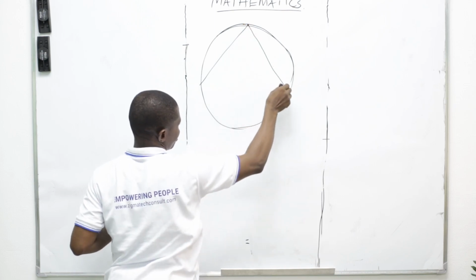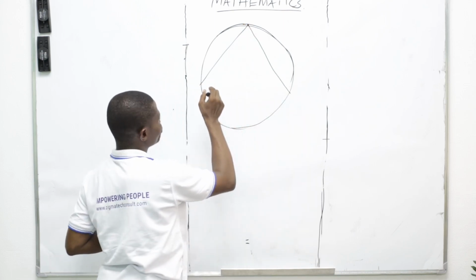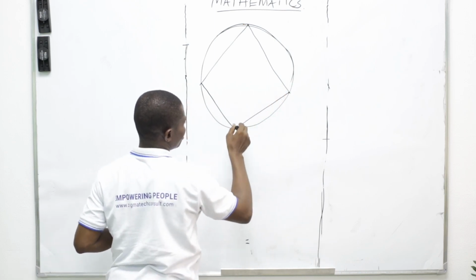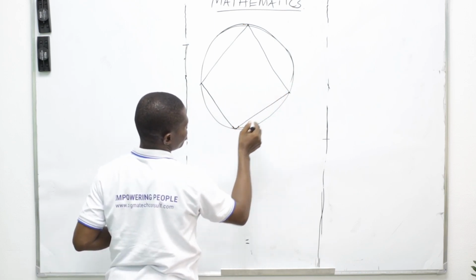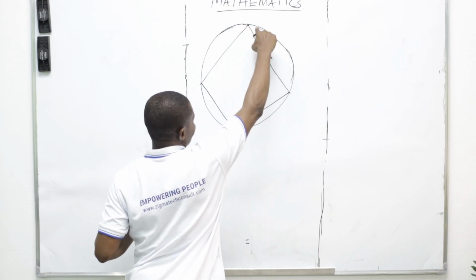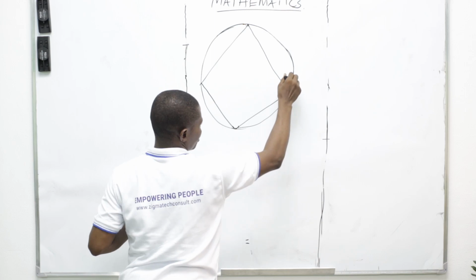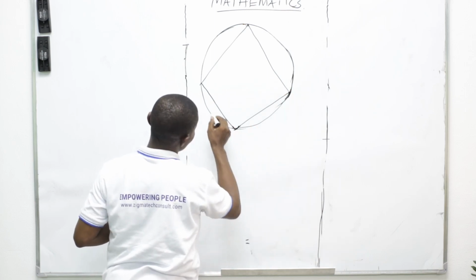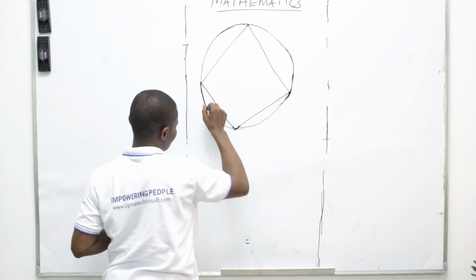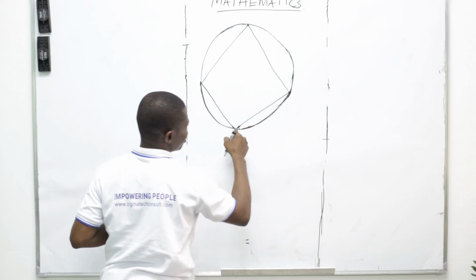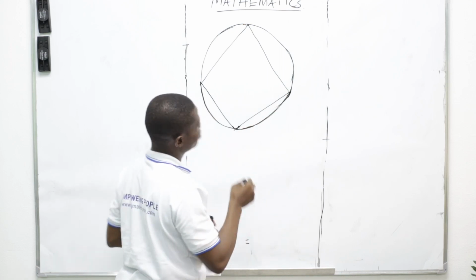Angle at where center is twice that which subtends at any remaining part of the circumference. The angle at center twice that which is subtend at the remaining part of the circumference.